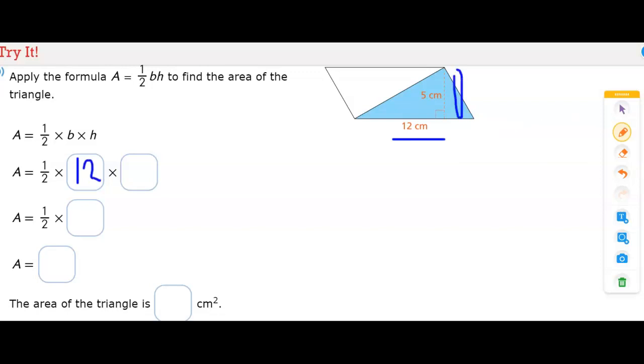And our height, which is represented by those dotted lines, is 5, so we substitute the H for 5. 12 times 5 is 60. And so 1/2 times 60 is the same as saying 60 divided by 2, and that is 30. So the area of this triangle is 30 centimeters squared, and it's squared because centimeters times another centimeters is two-dimensional.